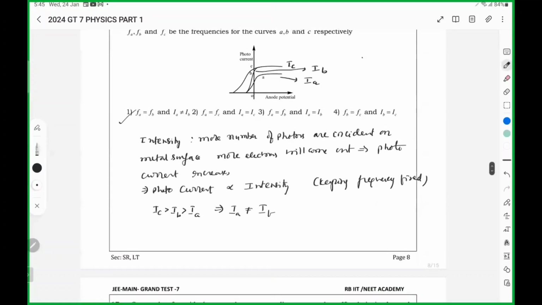But here, obviously we are in a position to decide the answer, but how stopping potential and frequency are interrelated?